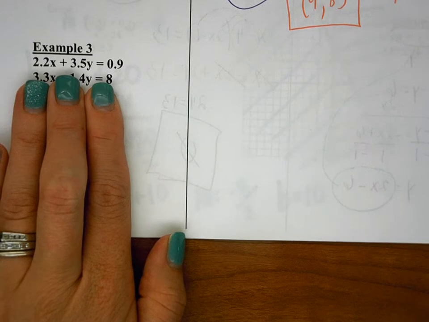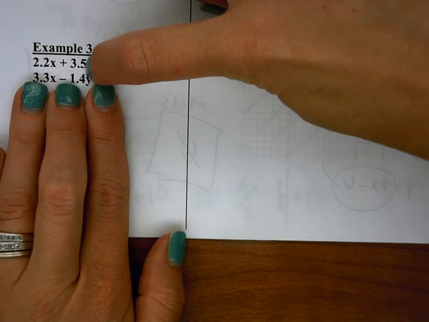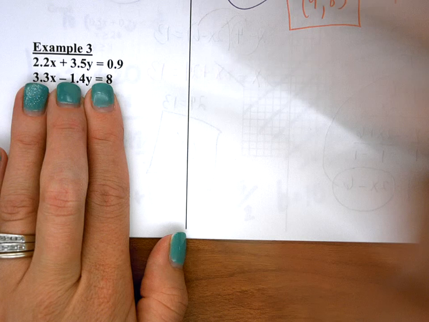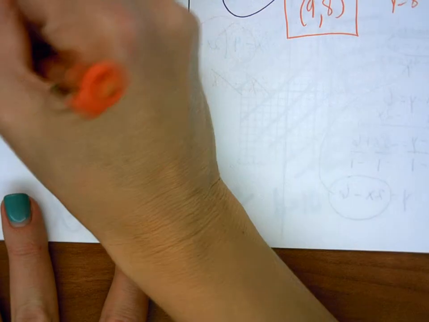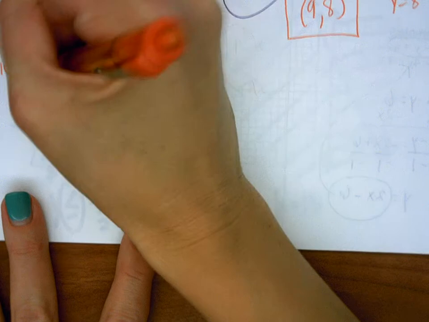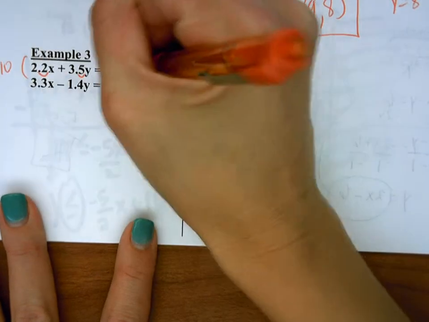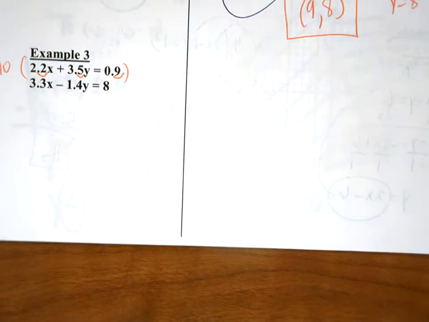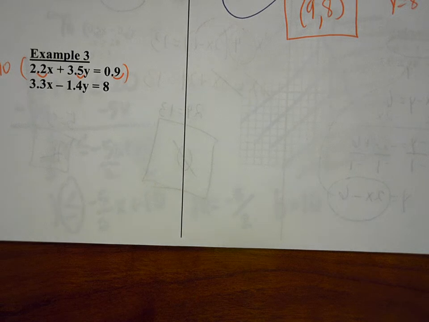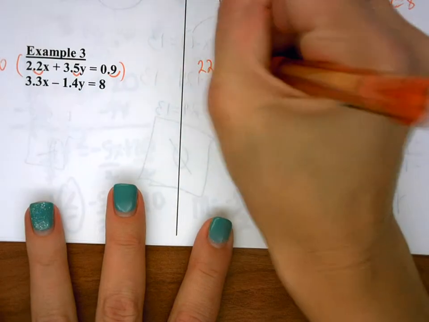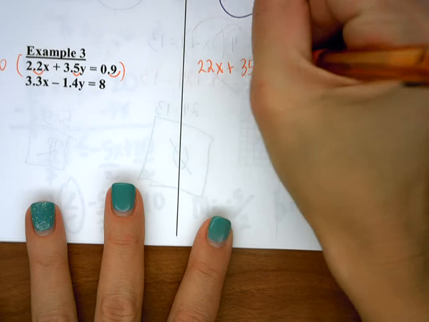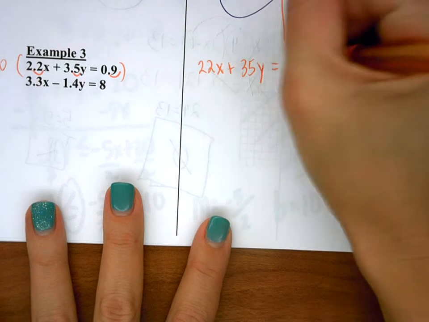So if there's only 1 number behind each of those decimal places, what am I going to be multiplying by? 10. So I'm multiplying this equation by 10, and when I do that, you move each of the decimal places 1 time. So my new equation is going to end up being what? Good. 22x plus 35y equals 9.